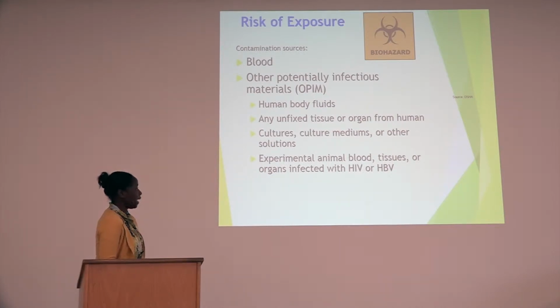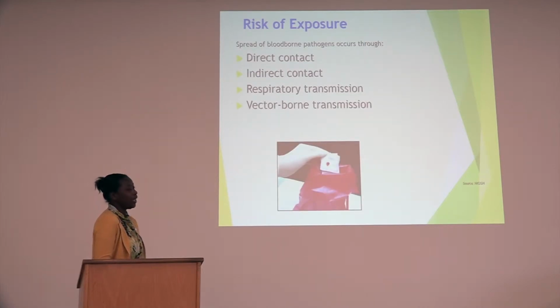Persons who work in the lab are exposed to bloodborne pathogens through culture mediums, and they can also be exposed to animal blood that can harbor these viruses as well. How do you get exposed? Through direct contact, indirect contact, respiratory transmission, and vector-borne.